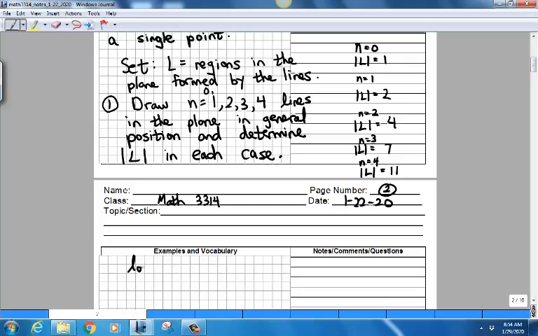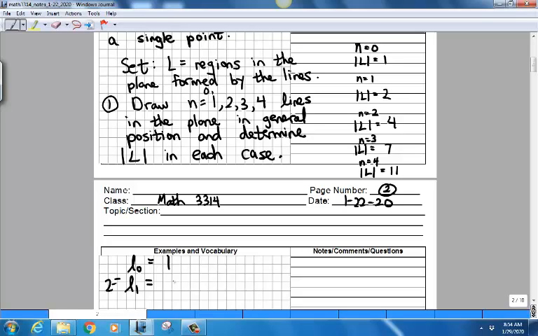We already know L sub 0 is 1. Now let's figure out L sub 1. I already know this is 2, which I counted by inspection. But does the recurrence relation work?